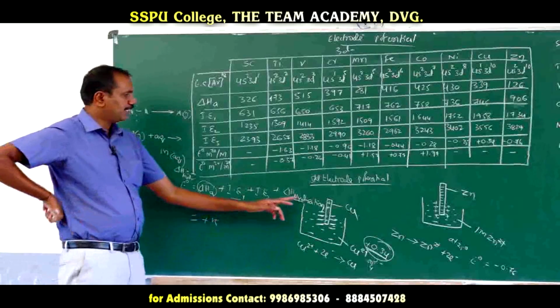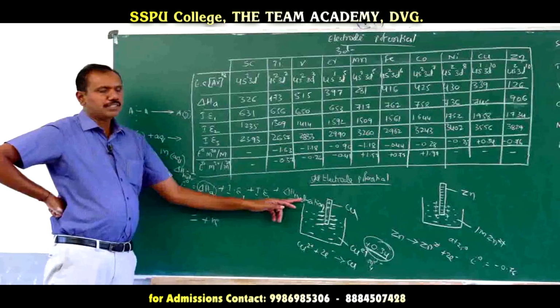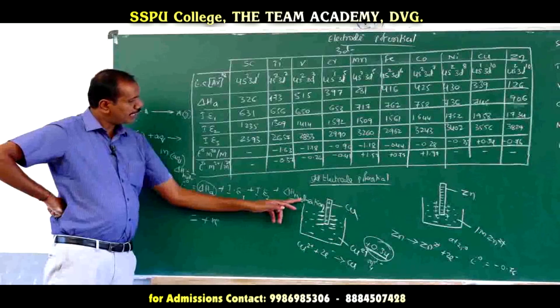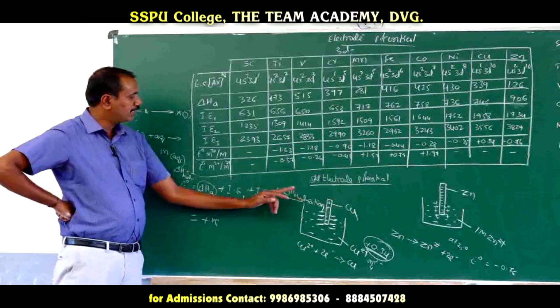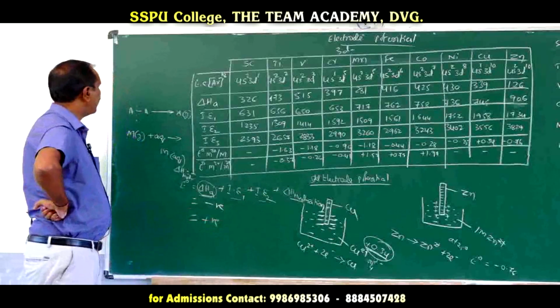It is the amount of energy liberated when there is an accumulation of water molecules on the surface of the metal ion.